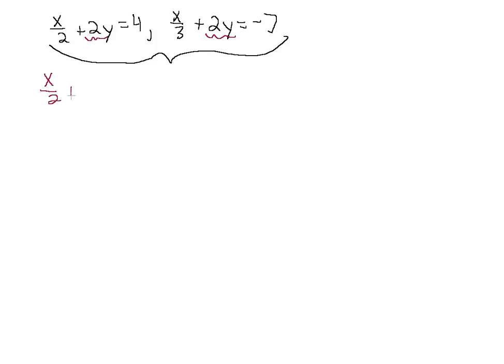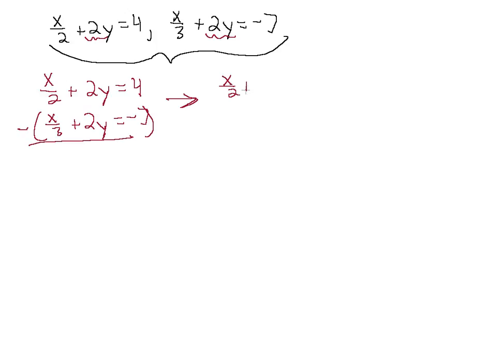So let's rewrite equation 1 as x over 2 plus 2y equals 4. We're going to subtract the second equation from equation 1, so we have x over 3 plus 2y equals minus 7. Before we do so, we're going to distribute this minus sign. So instead of subtracting equation 2, we're going to add the opposite of equation 2.